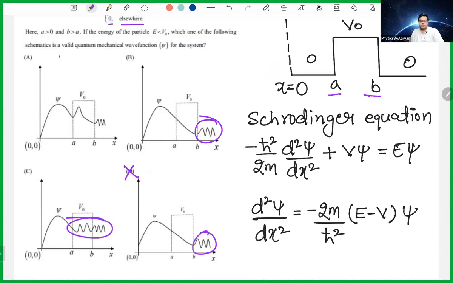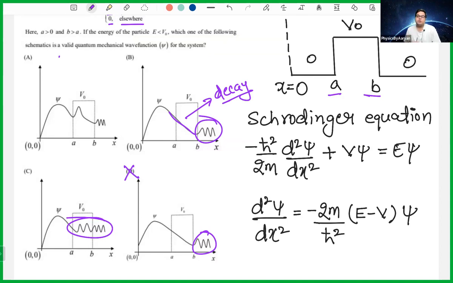And the second kind is a decaying wave function, you see the wave function is decaying. So when the wave function should decay and when it should oscillate, that concept should be clear. In what region should my wave function oscillate and in what region should it decay, because only these two categories we are seeing.